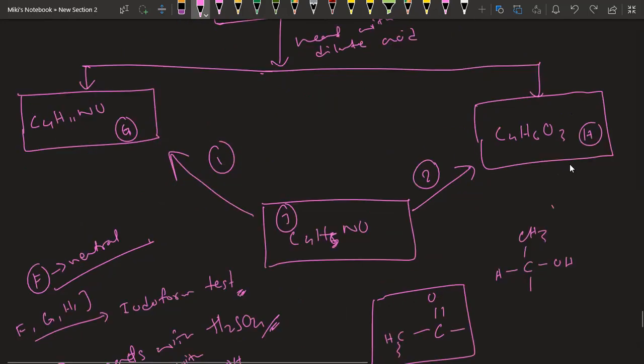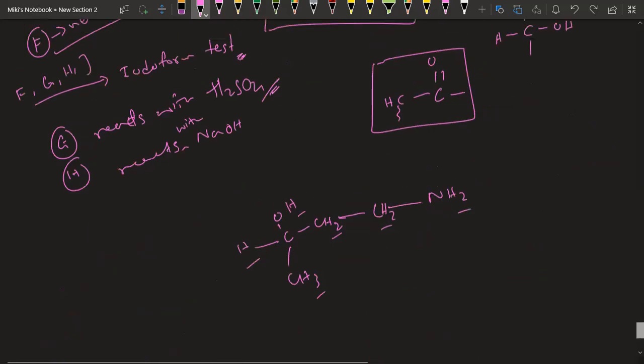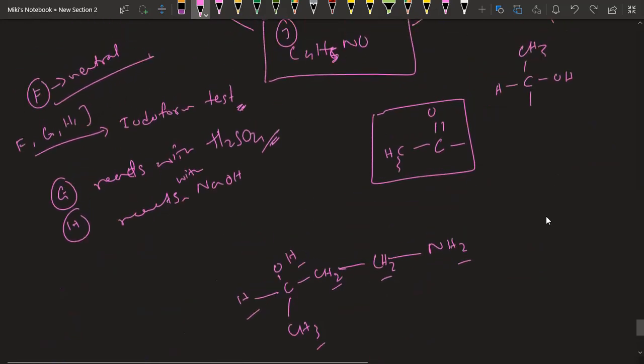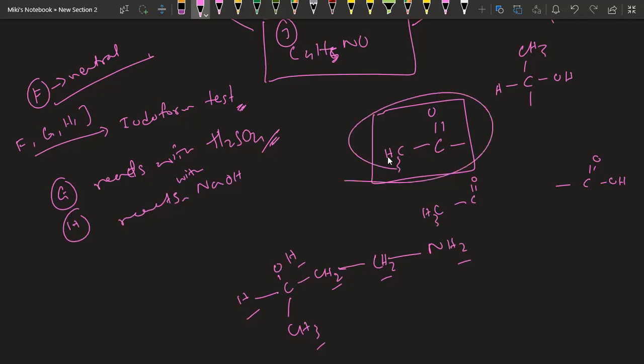Let's say we have a carboxylic acid and one of these structures. How many H had C4H6O3? So we have a carboxylic acid, then a C double bond O CH3 group. Our initial assumption should be this one.